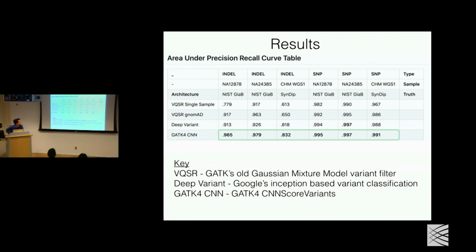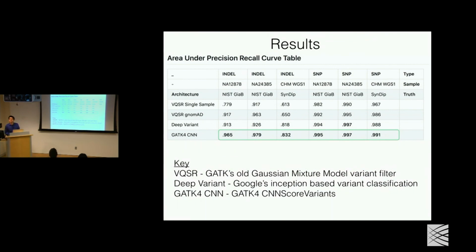Not always. DeepVariant was only trained on one. So here, that's a fair assumption. But on the CHM, DeepVariant was not trained on CHM. So if it was trained on the same data that the CNN was trained on, would it do better than it did?